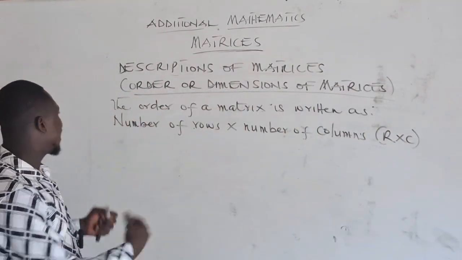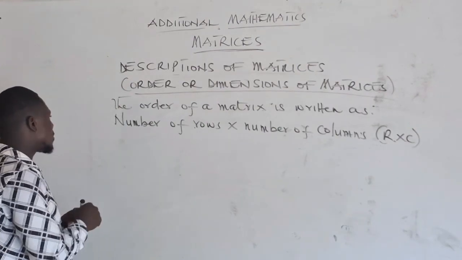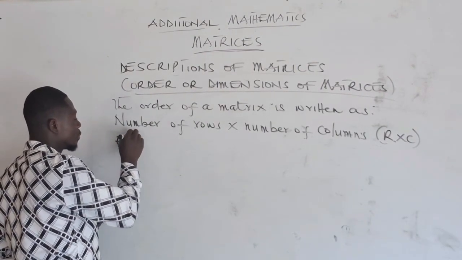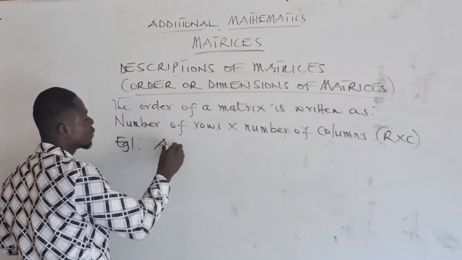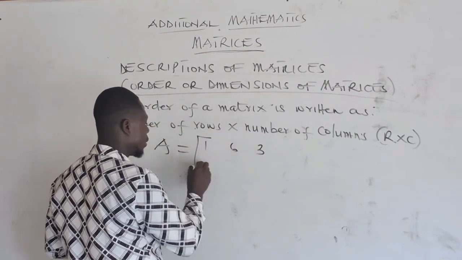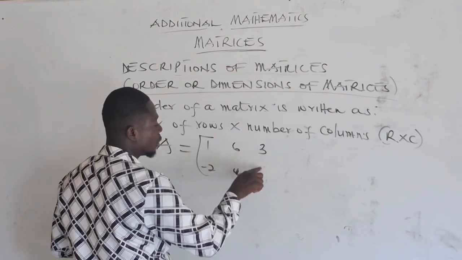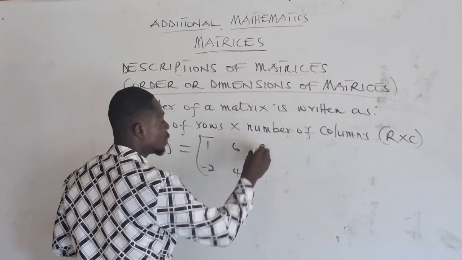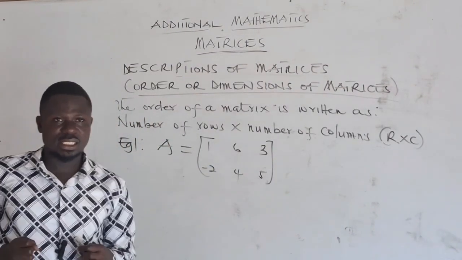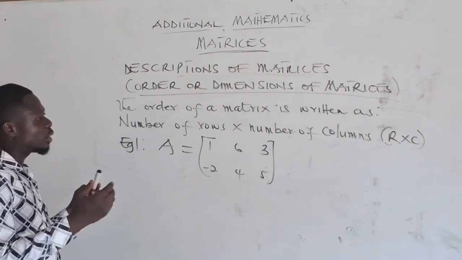Now let's take this example to further explain this statement. Let's use this example to explain the number of rows and the number of columns.